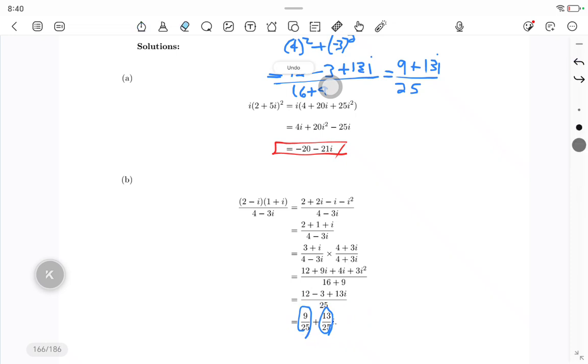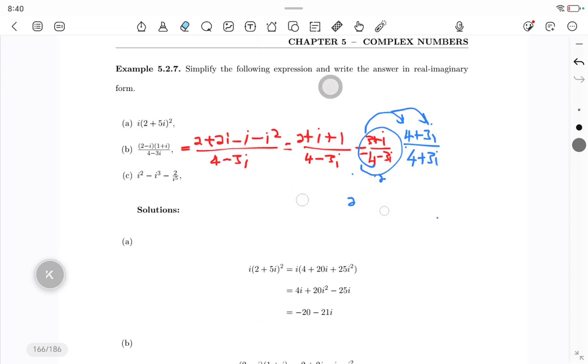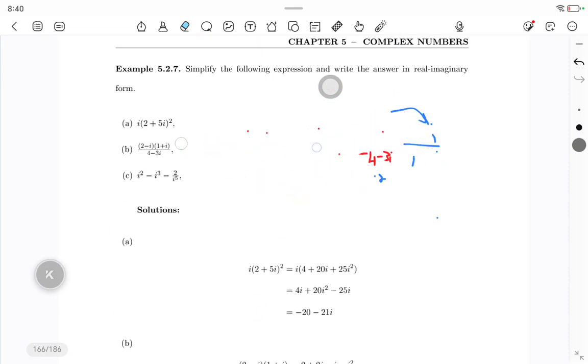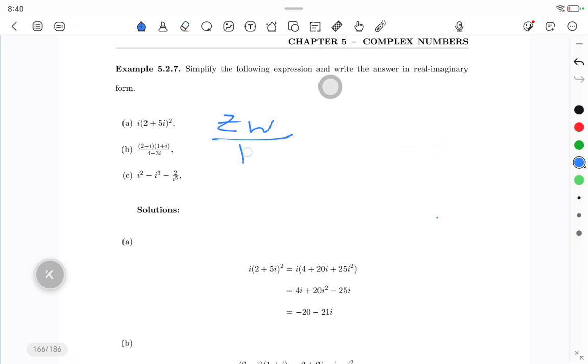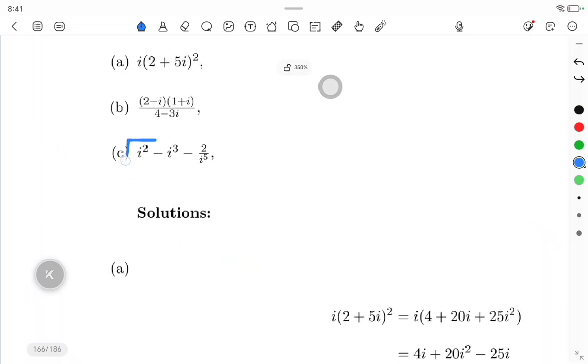Now, when we come to this one, you can solve this in many ways, but it is much better to start by doing this. You know that i squared is also minus 1. You plug a minus 1 here. Minus, this is just i squared times i, minus 2 over this i squared times i squared times i.